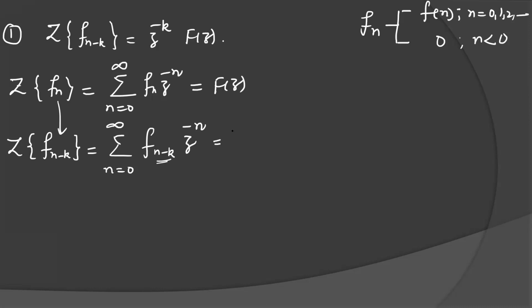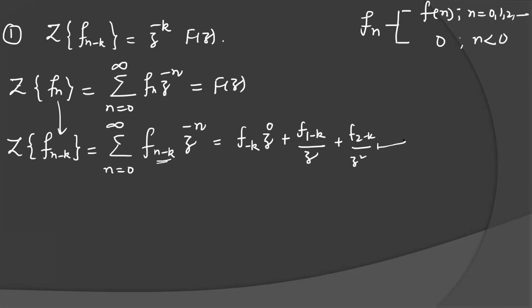Suppose you put n equal to 0, then f of minus k z to the power 0, plus if you put n equal to 1, then f of 1 minus k upon z, plus f of 2 minus k upon z square, and we don't know the value of k here.